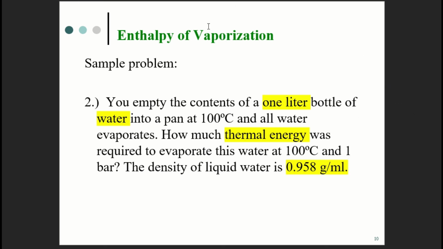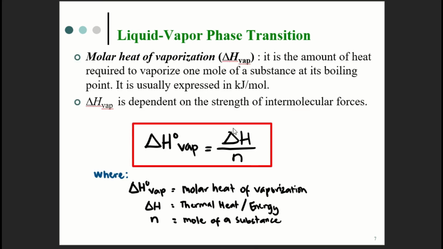We are not asked to find the enthalpy of vaporization. The thermal energy, class, is what we are asked to find in the formula. So, how are we going to compute that? We don't have moles. We don't have the heat of vaporization.